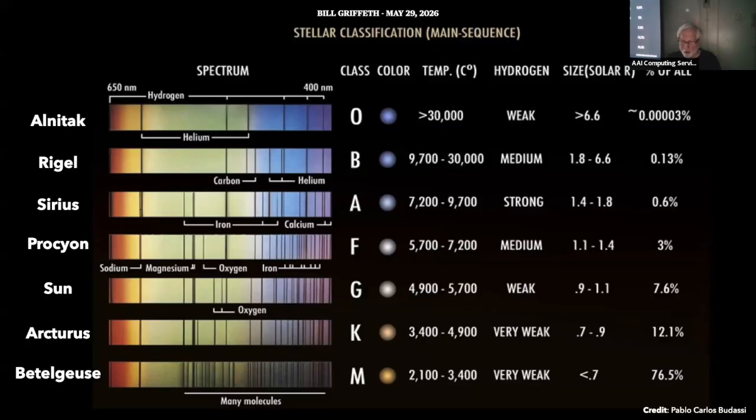The farther the black absorption lines are from their normal positions, the faster a star is moving towards or away from us. Notice that O stars contain only hydrogen and helium in their outer layers. Notice also the presence of many molecules in the outer layers of M-type stars.